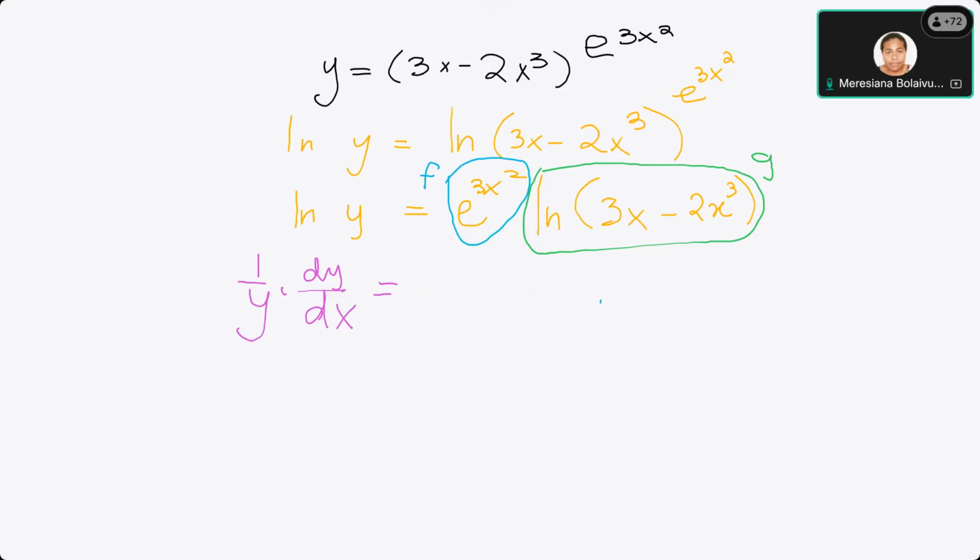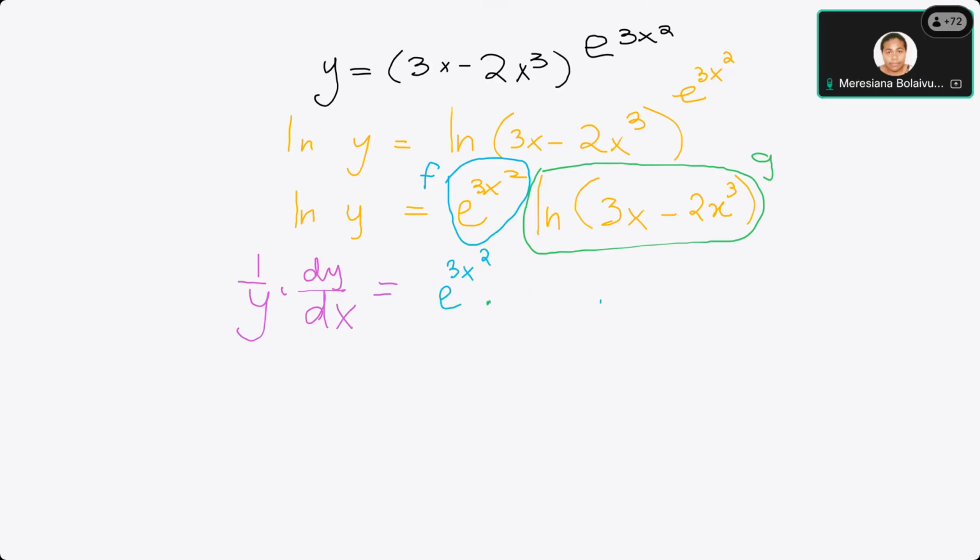So f is e to the power 3x squared, times g dash.